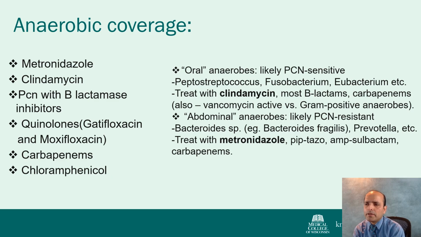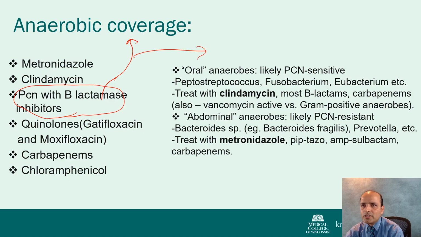And then, if you combine penicillin with a beta lactamase inhibitor, it gives penicillin two properties. Number one property is anaerobic coverage. And the second property is that it gets the ability to cover MSSA.